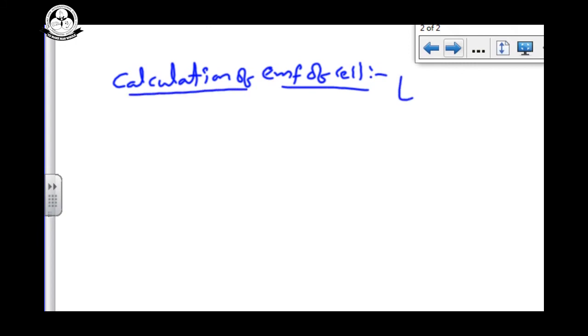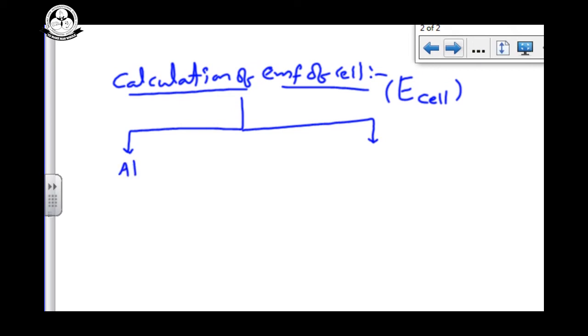The EMF of the cell is represented by E cell. The EMF of the cell can be calculated in two ways: at standard conditions and at non-standard conditions.